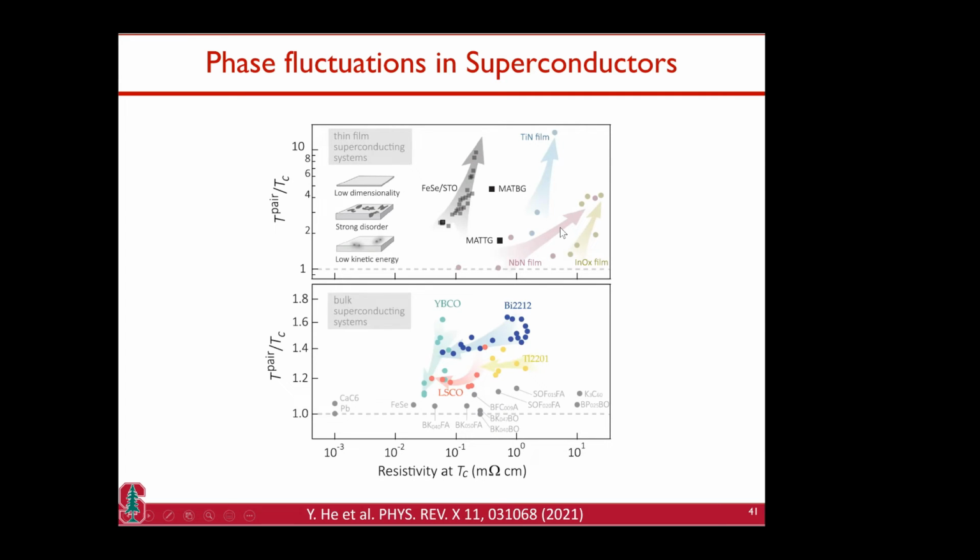However, if you really look at the bulk material, you can see materials where the conductivity or resistivity changed by 4 decades, but when you plot T pair over TC, it hovers around 1. And the cuprate distinguishes itself with a bigger number, and the family we studied, bismuth 2212, is in this range as a bulk material.